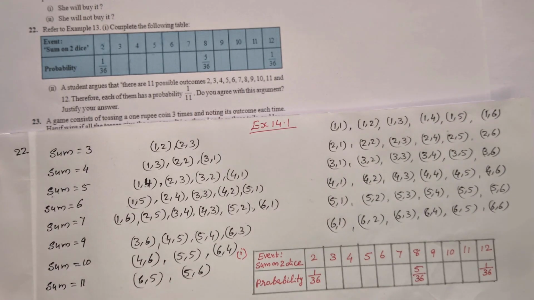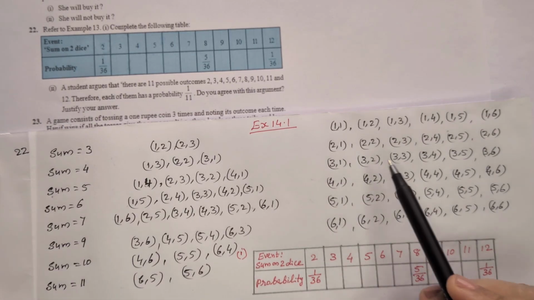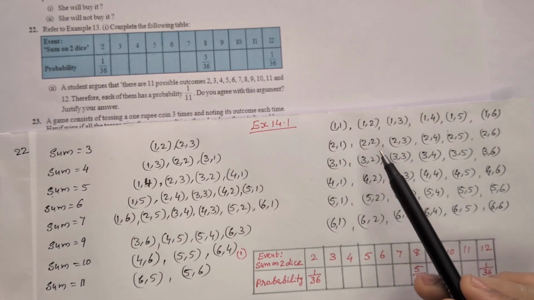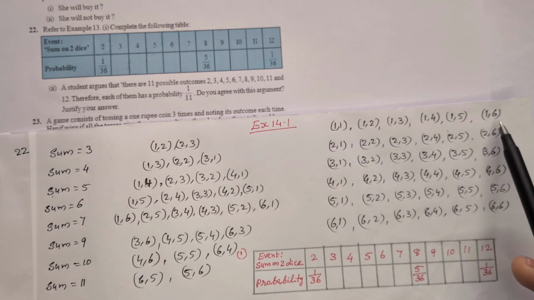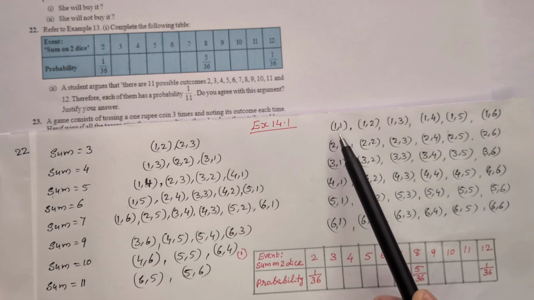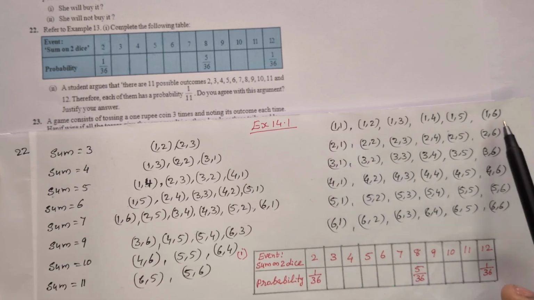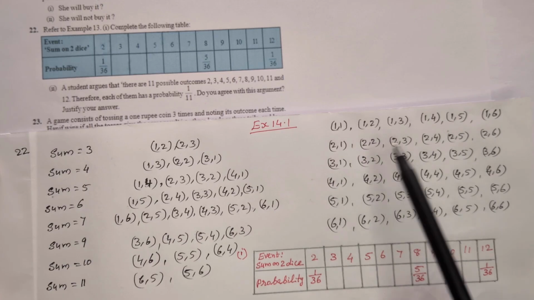Question number 22, refer example 13.1 and complete the following table. For that, we have to write all the outcomes when two dice are thrown. Here 1,1; 1,2; 1,3 up to 1,6. That means the first die with the face 1 and the second die with all 6 cases.